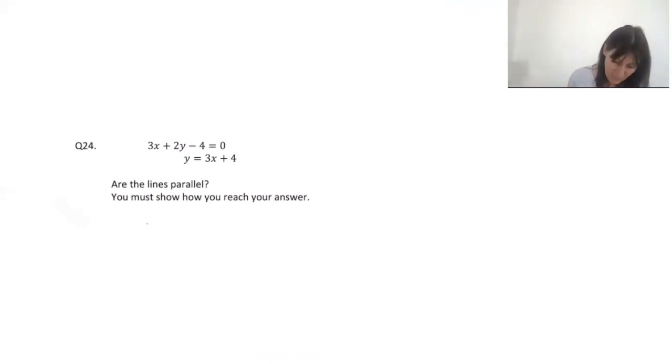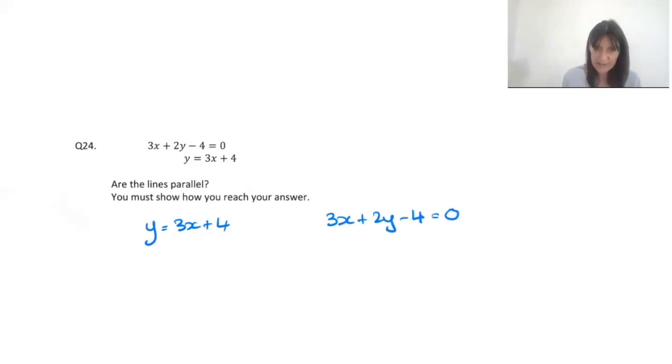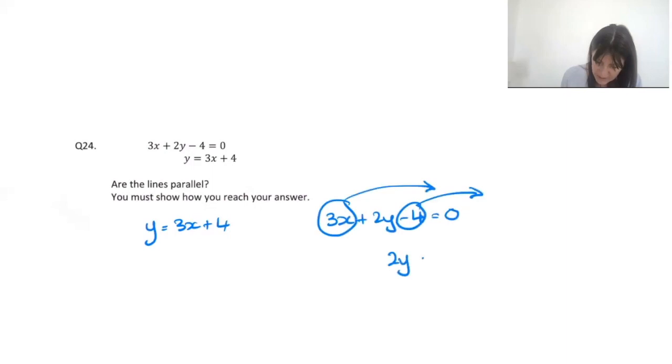So I already have y equals 3x plus 4, where y is on its own. So I'm going to be working on getting this one on its own. I want the y completely on its own. So I'm going to hop the 3x and the minus 4, and that will give me 2y equals minus 3x plus 4.